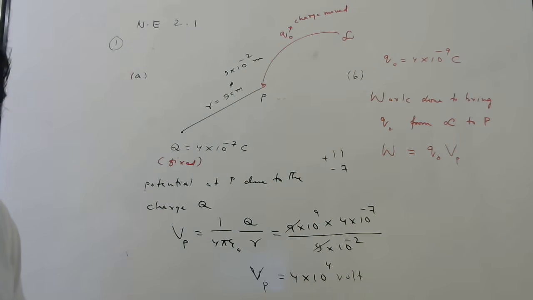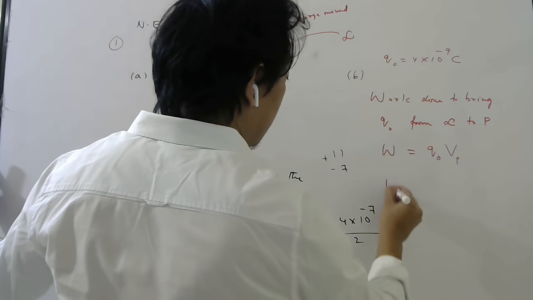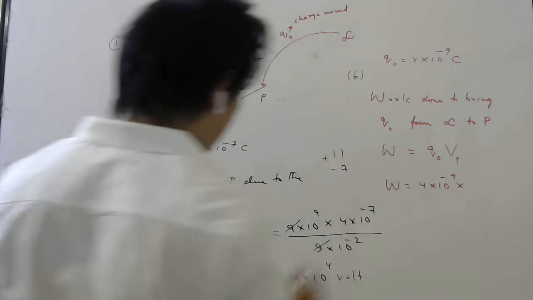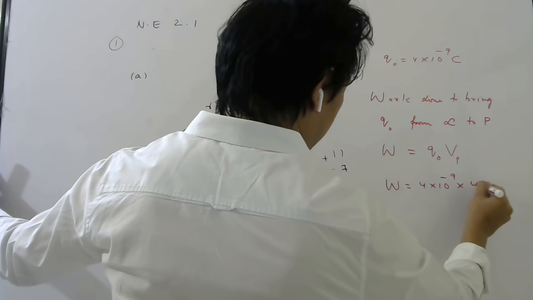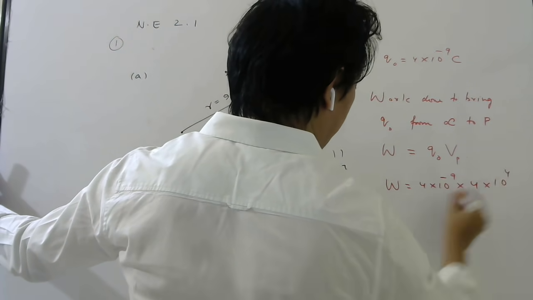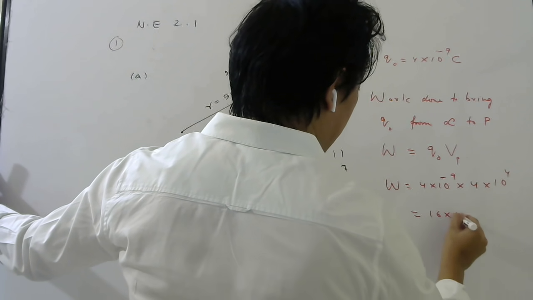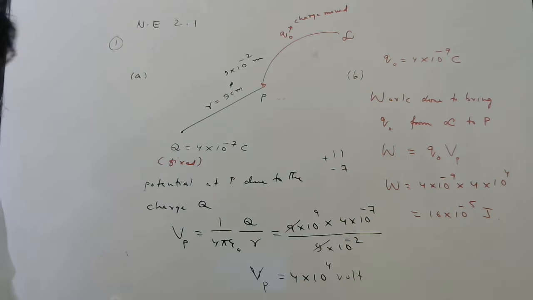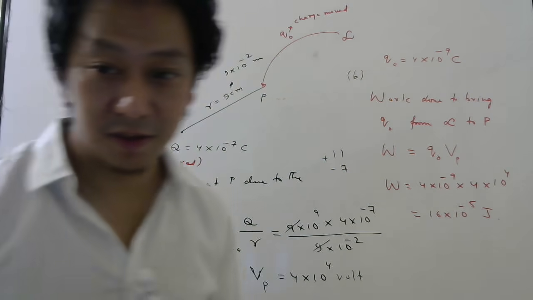So how much will it be now? 4 into 10 power minus 9, and potential at P we already found to be 4 into 10 to the power 4. So 16 into 10 power minus 5 joules. Since it is work, it should be joules.